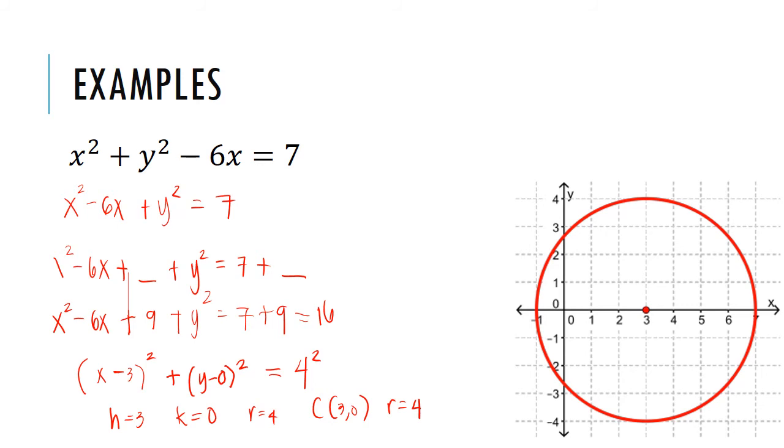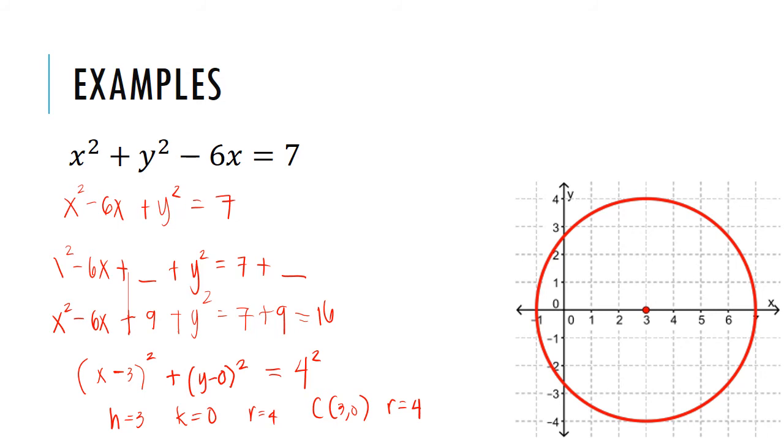Question: why didn't we square the 4? Why should we square it? We are in the opposite process.